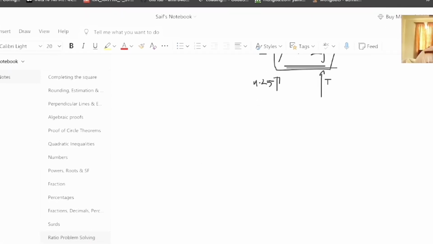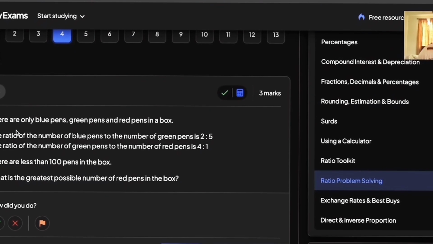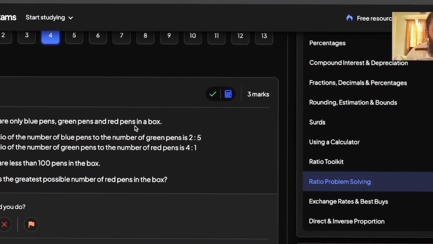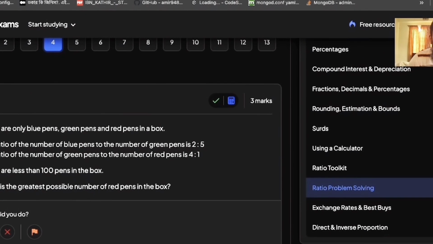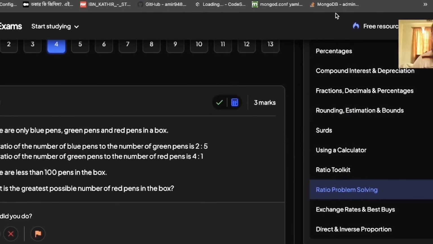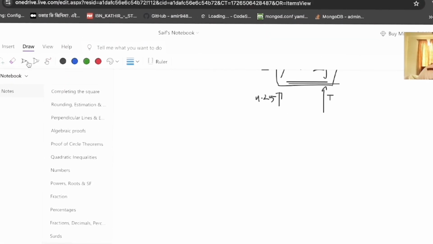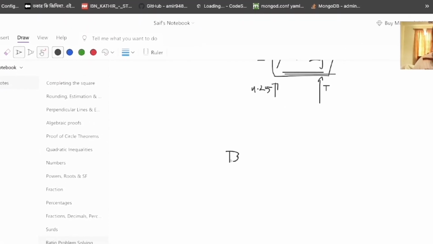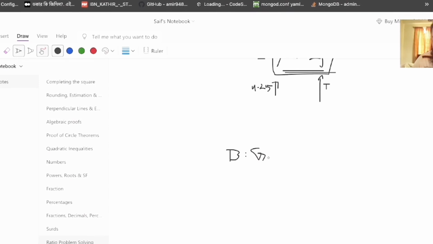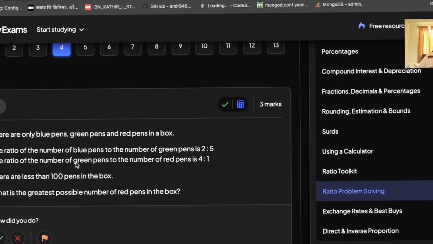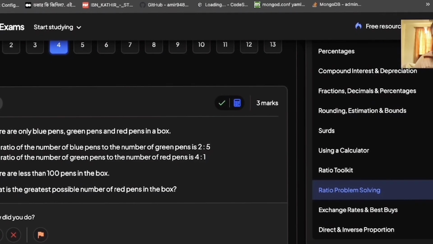As you can see, there are only blue pens, green pens and red pens in a box. Keep that in mind. The number of blue pens, let's say B, to the number of green pens is 2:5. And the number of green pens to the number of red pens is 4:1.